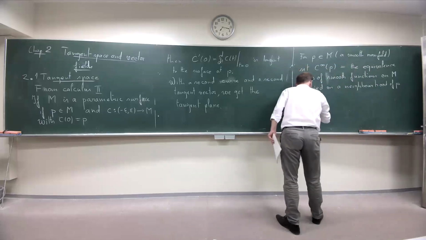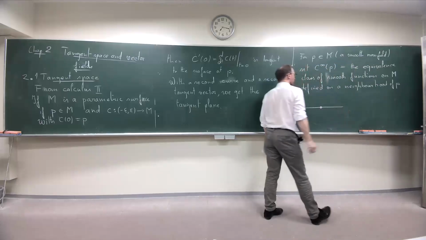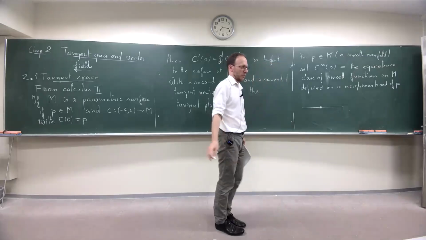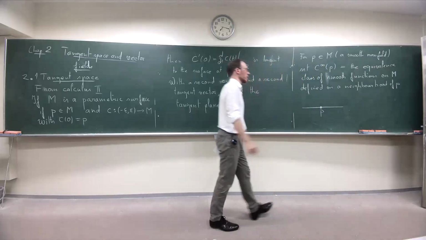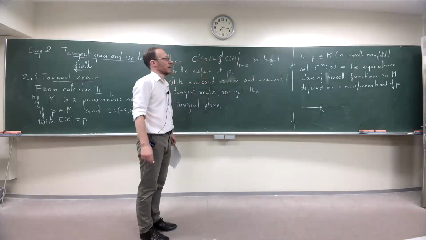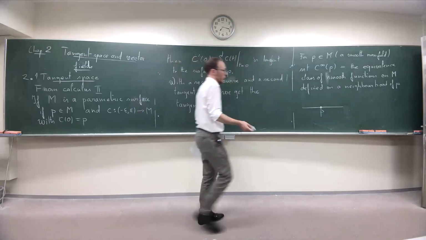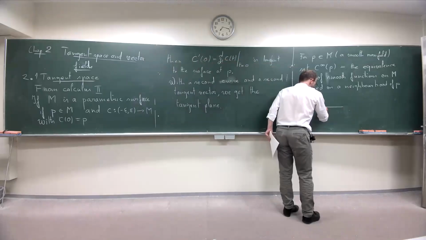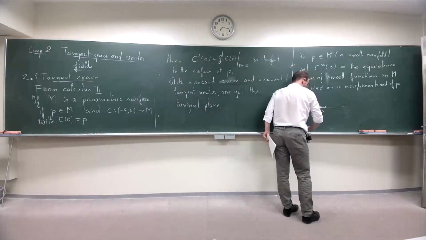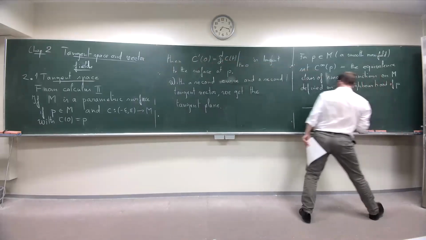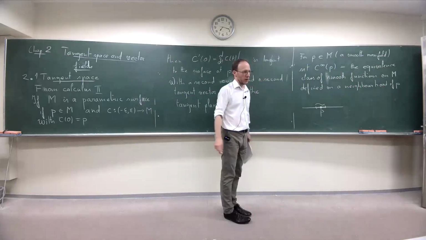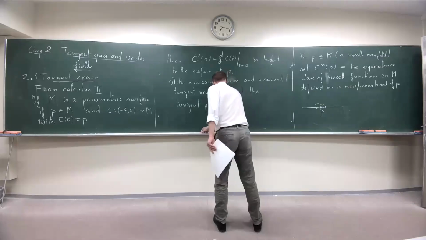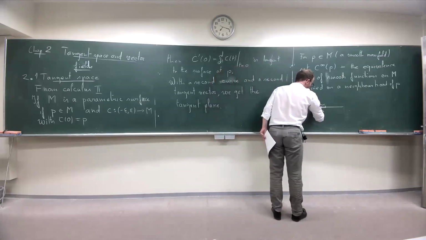Let me just make a picture before I explain. If the manifold is the line, I choose a P. I want functions defined on a neighborhood of P, so on an open set. And these are just smooth functions defined on M. On this small interval, the interval is arbitrary.